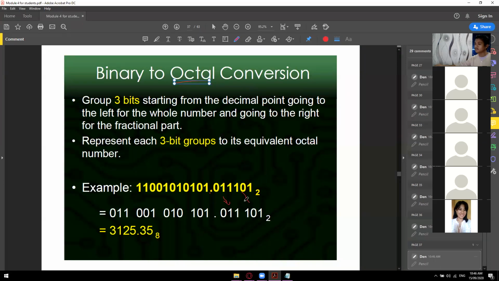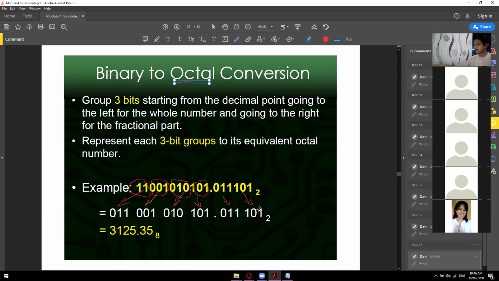And then 1, 0, 1, which is this one. And then another 3-bit, 3-bit, and then 3-bit, and then 3-bit. So this is one, this is one, and so on. Just add a 0 here so it's not confusing. Okay, and then that's when you can convert this.